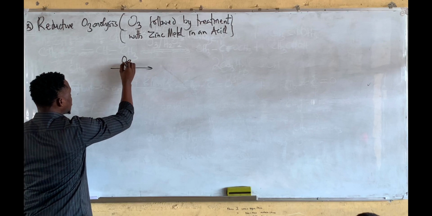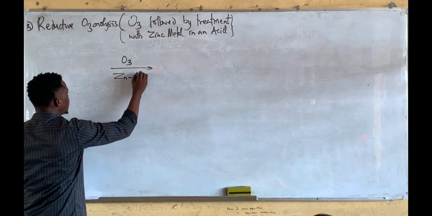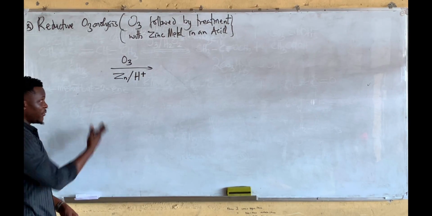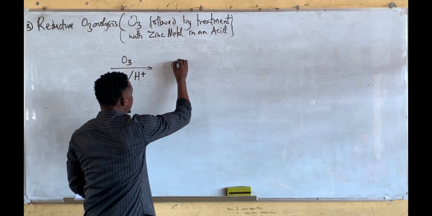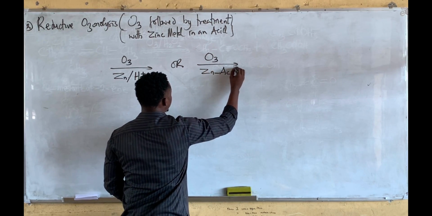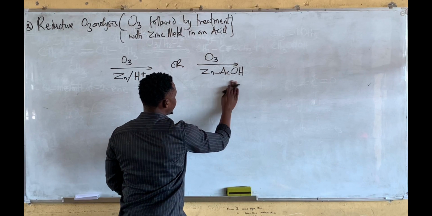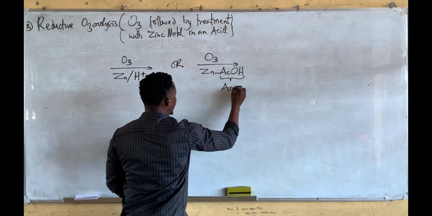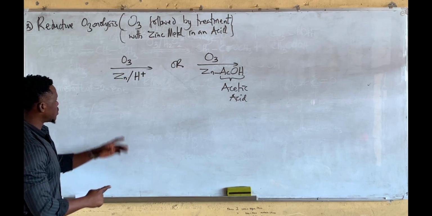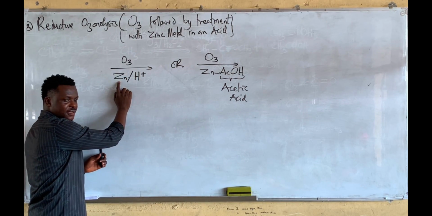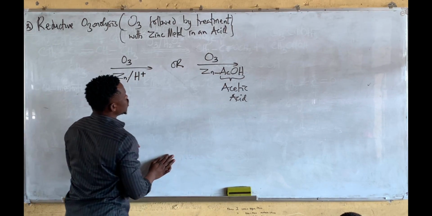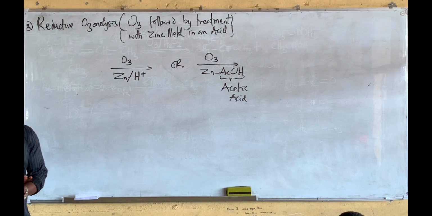You can see O3, Zn, H plus, or you see O3, zinc, and this stuff stands for acetic acid. So once you see ozonolysis followed by zinc metal in an acid, just know that this is reductive ozonolysis.